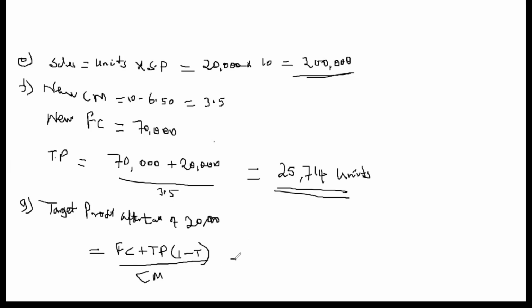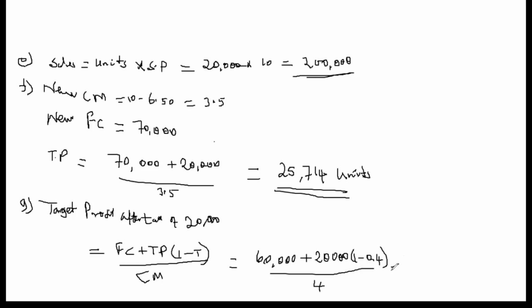So fixed cost was 60,000. Target profit is 20,000, times our tax rate of 0.4 or 40%, over contribution margin, which was 4.